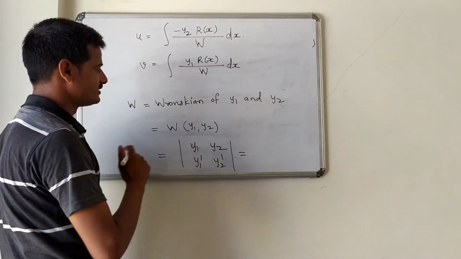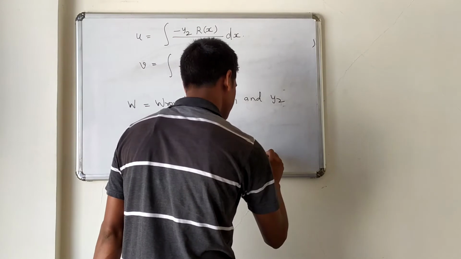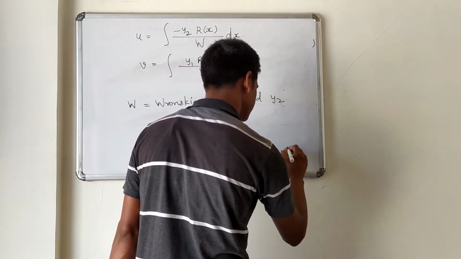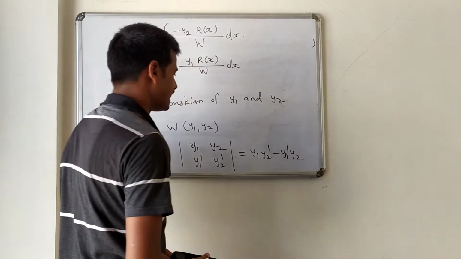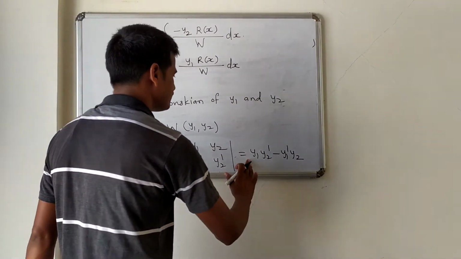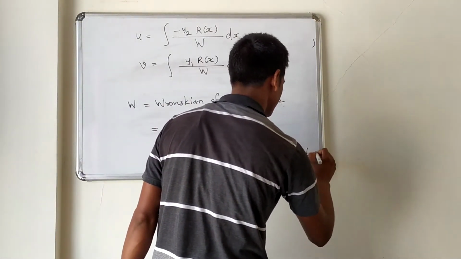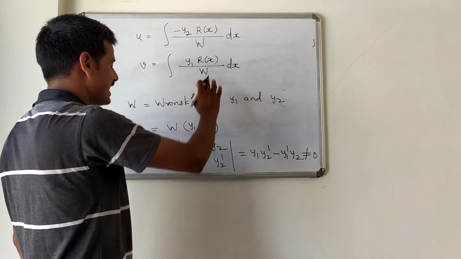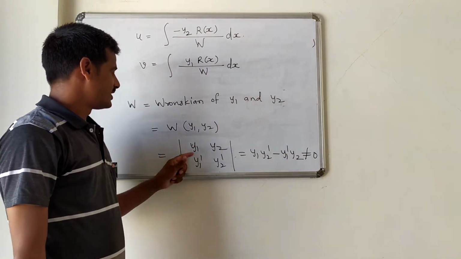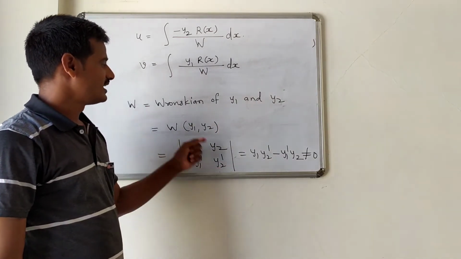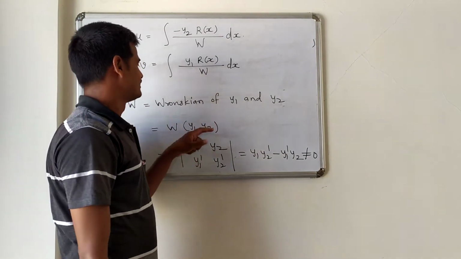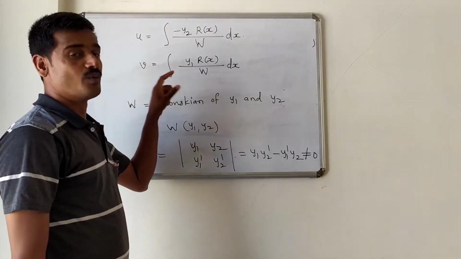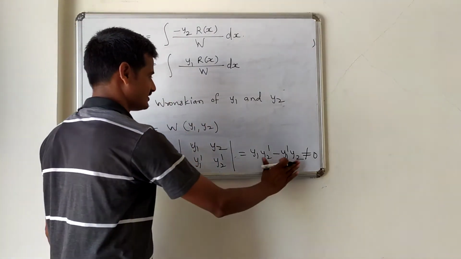You know how to solve this determinant: y1 y2 dash minus y1 dash y2. Please note that this determinant is always non-zero because this term is at the denominator. And why is it non-zero? Because y1 and y2 are linearly independent solutions of the homogeneous equation. That is why it is non-zero.